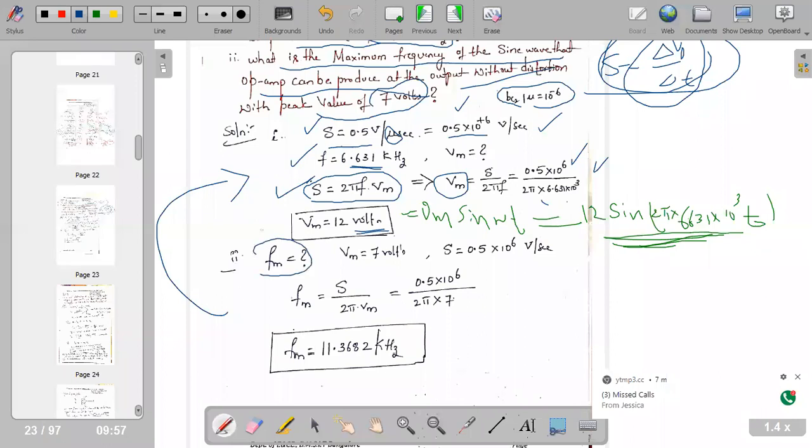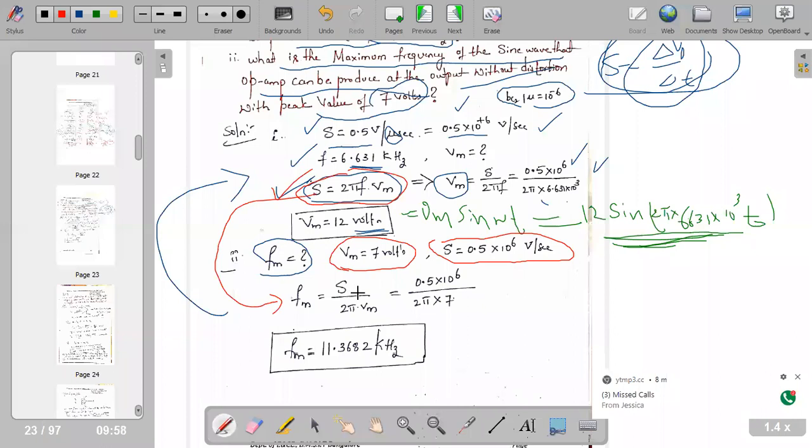Fm is the question mark here, the maximum frequency at which the signal is undistorted, and he has given the peak voltage. What is the peak voltage here? It is 7 volts, and the slew rate remains the same. What is the slew rate here? It is 0.5 into 10 power 6 volt per second. So from the slew rate equation, S is equal to 2 pi f into Vm, we can solve for Fm.